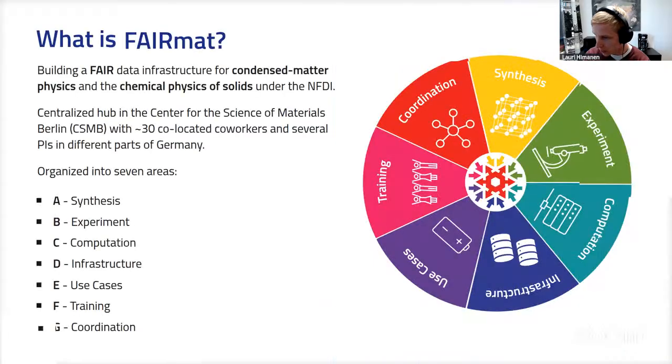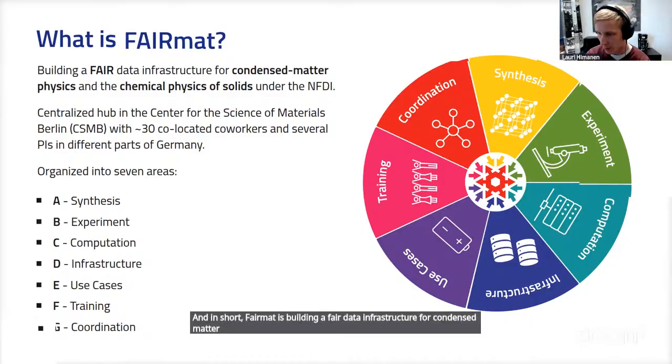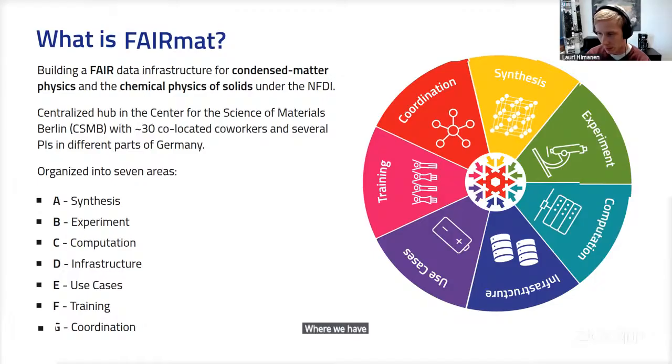In short, FAIRmat is building a FAIR data infrastructure for condensed matter physics and the chemical physics of solids under the NFDI. We have a centralized hub in the Center for the Science of Materials, Berlin, where we have roughly 30 co-located co-workers. So we really work together in a tight team.